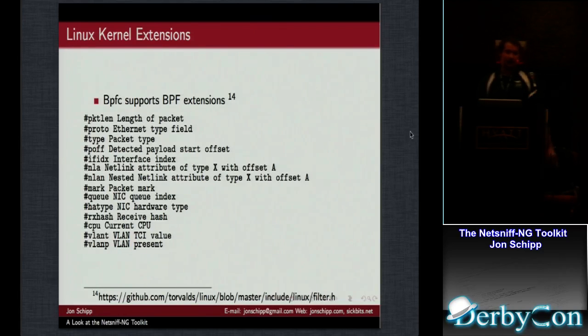You can use packet length, you can get the proto, which is the ETH type field, POFS, when we talk about detecting the payload, interface index, VLANs, queues, CPUs, and hashes. There's the RX hash. If you're using RSS, which is what I was dealing with, it generates hashes to validate the traffic. You can actually filter on that hash.